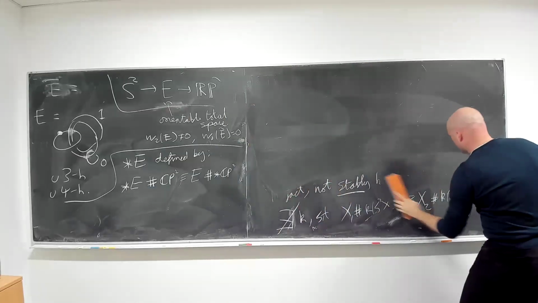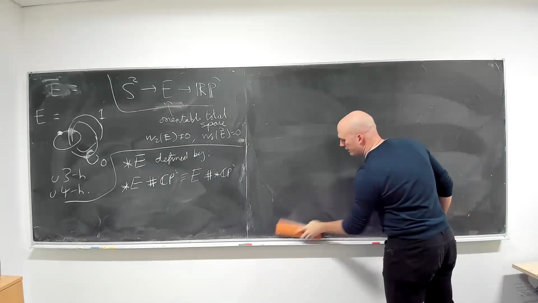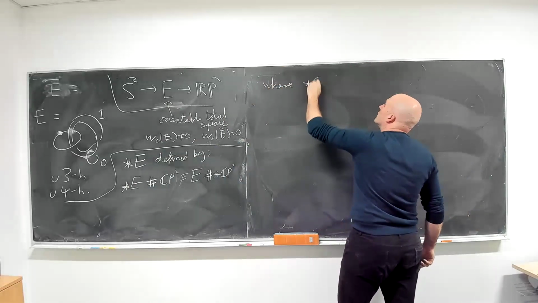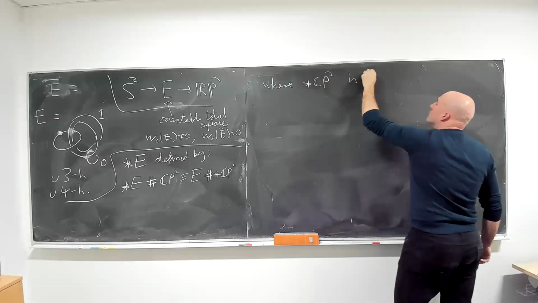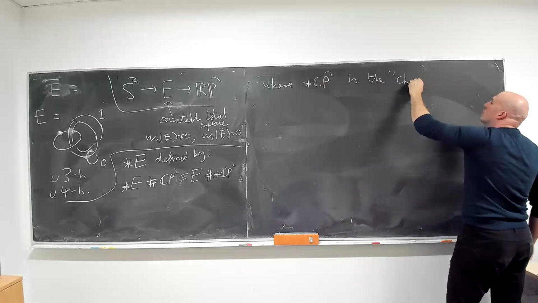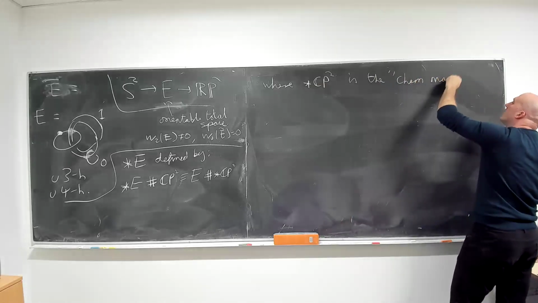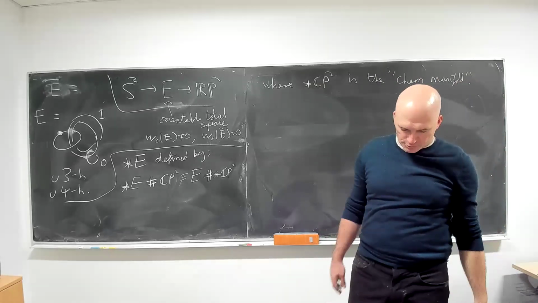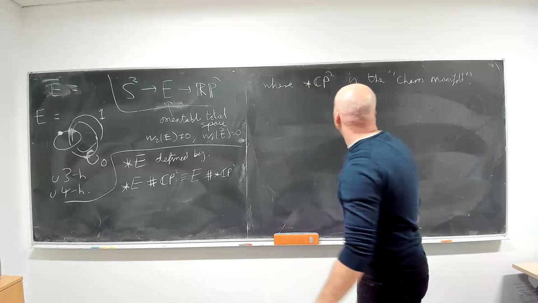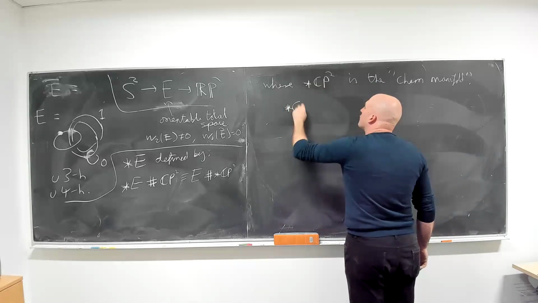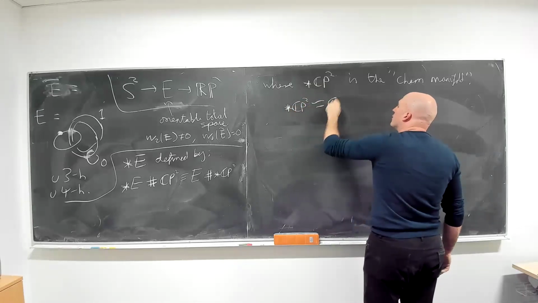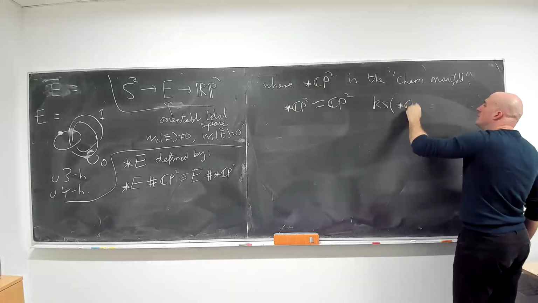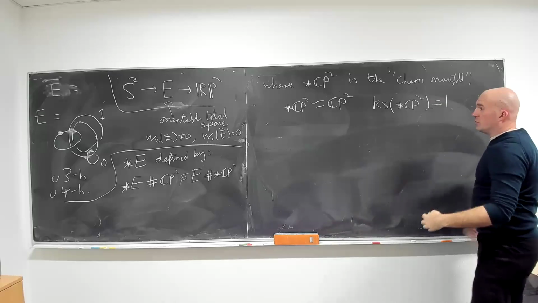So the first thing we have to know about is this star CP2. Freedman wanted to call this the Chern manifold. I don't think it has anything to do with Chern per se, that's just what Freedman wanted to call it. It's a topological manifold that is homotopy equivalent to CP2, but its Kirby-Siebenmann invariant is 1, so it's not smoothable.